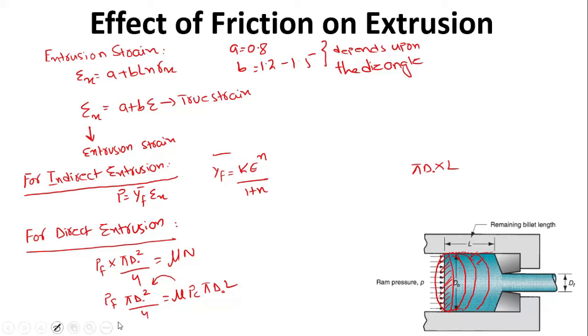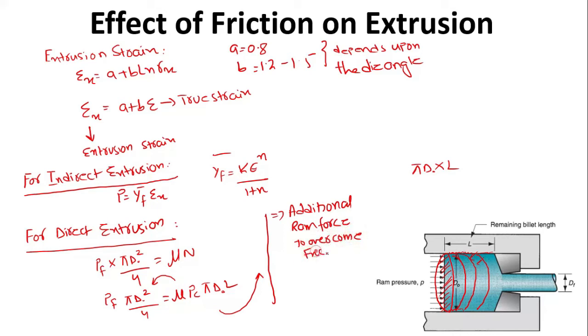So on the left hand side we have the additional ram force to overcome the friction, while on the right hand side we have the friction force at the billet container interface, right?